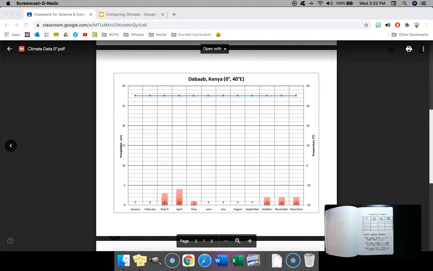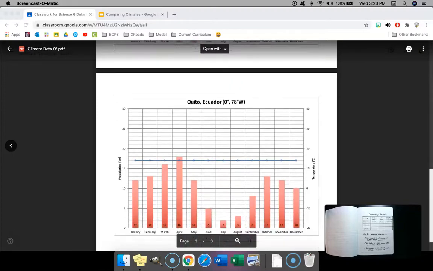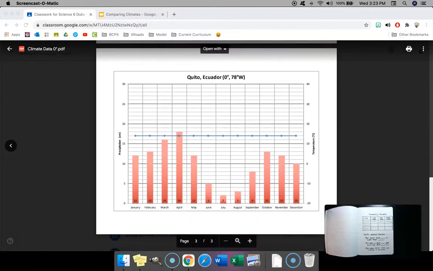I'm noticing Dabab has a high temperature of roughly 35 degrees. That is the same as its low temperature. I can add up the precipitation, and I can do the same steps for Quito. Again, looking at the blue line for the temperature of Quito and the red bars for the precipitation.